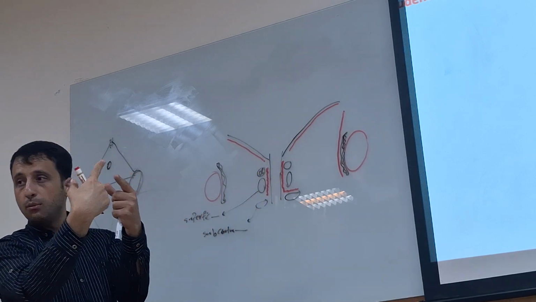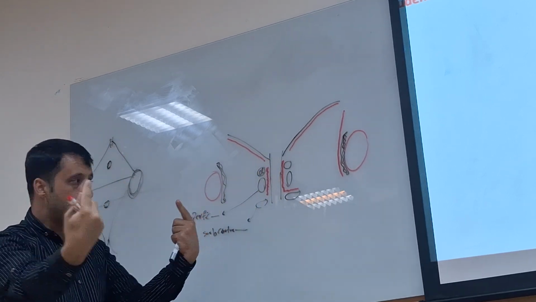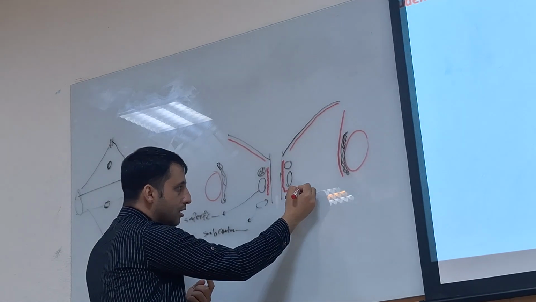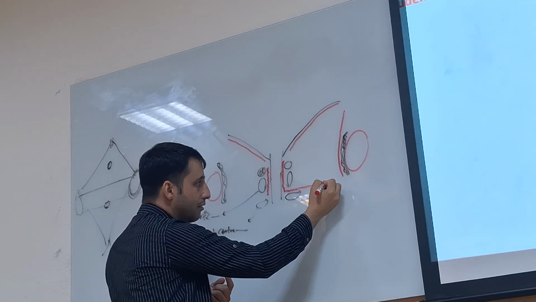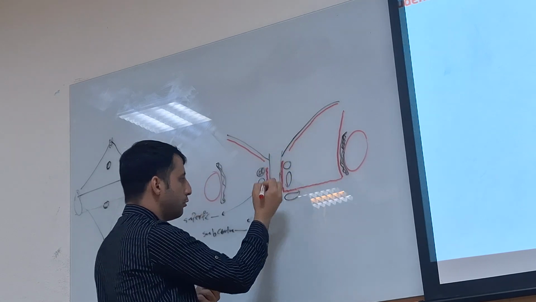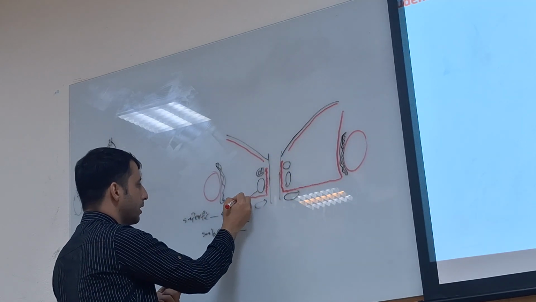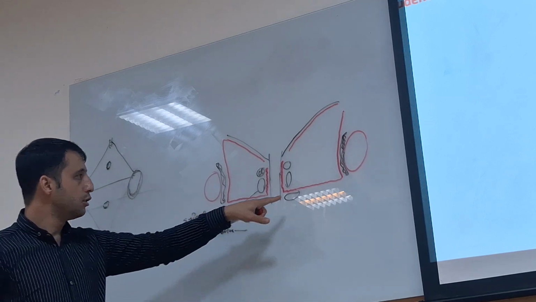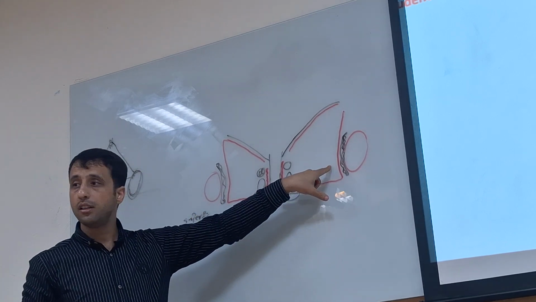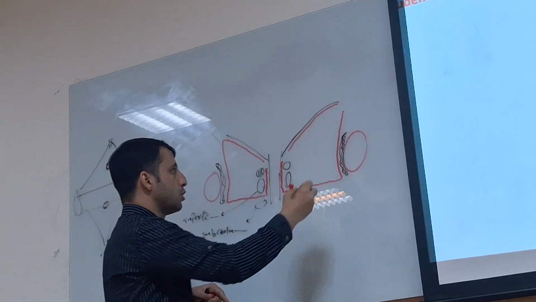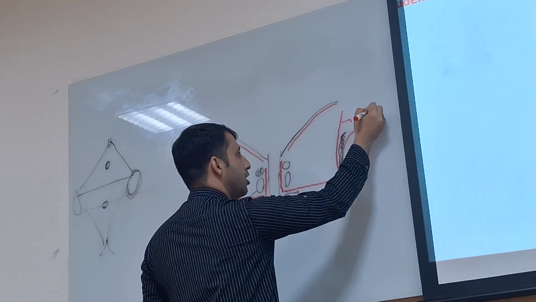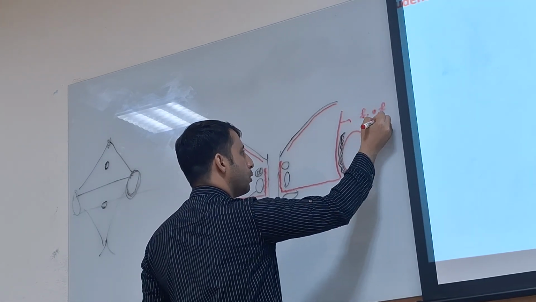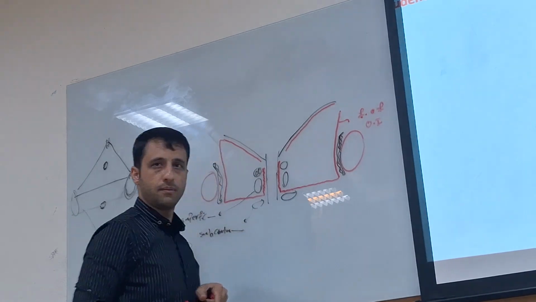This fascia travels laterally to arrive to the fascia of obturator internus. Yes, this is fascia of obturator internus.